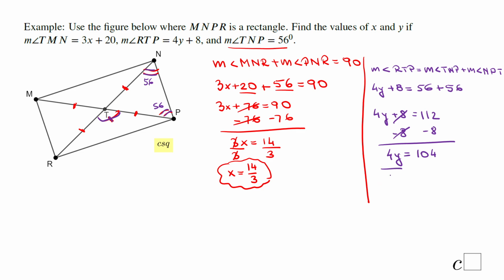And the last thing, we're going to divide by 4. And we have here 104 over 4, which will be what, 52 over 2, if we simplify by 2, and you can also divide one more time by 2, so it's going to be 26.